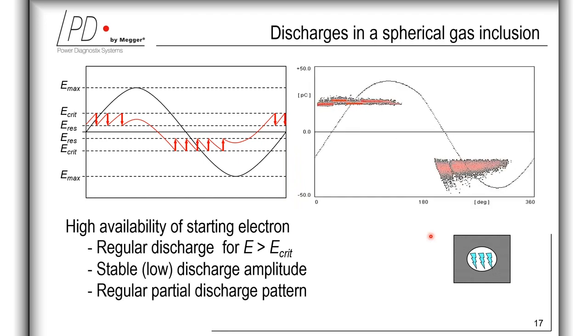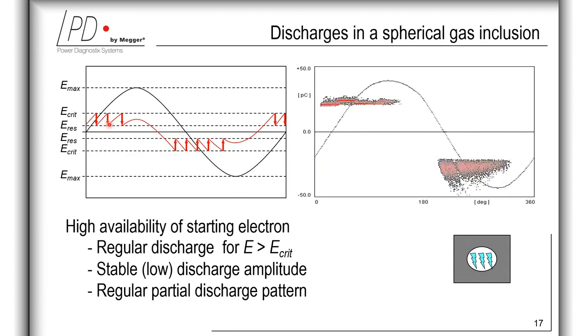So now we are moving into the discharges in spherical gas inclusions. Here, in this case, we assume a high availability of starting electrons. Here you see the applied voltage, which is a sine wave. And then the red lines here are showing the internal electric field.